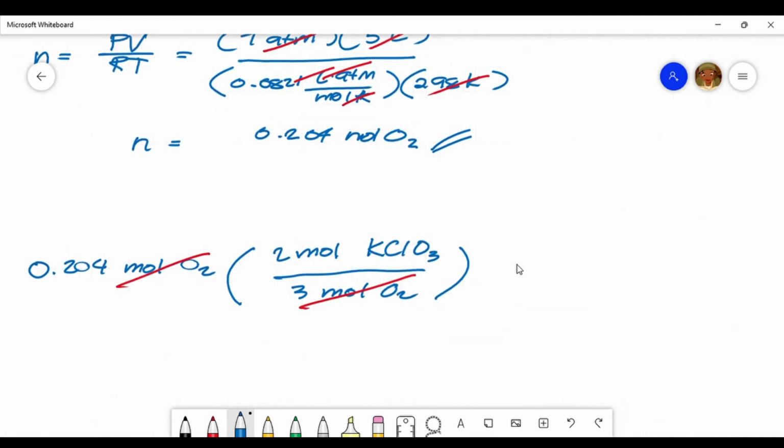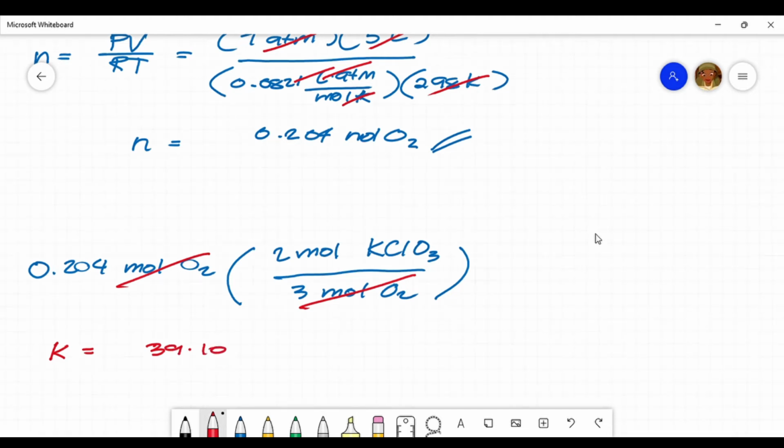First, let us solve for the molar mass of KClO3. The atomic mass of K, potassium, is 39.10.